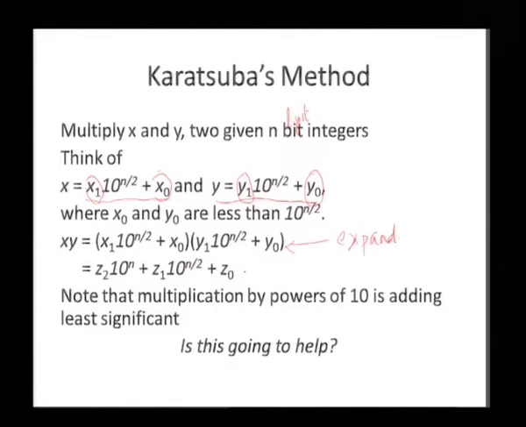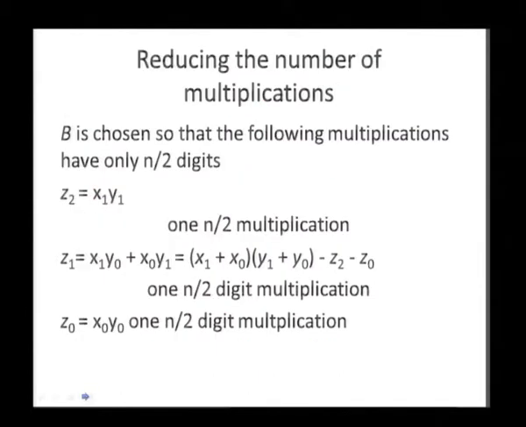We have already seen that multiplication by powers of 10 is adding least significant zeros. Now, is this going to help in reducing the total number of single digit multiplication operations?